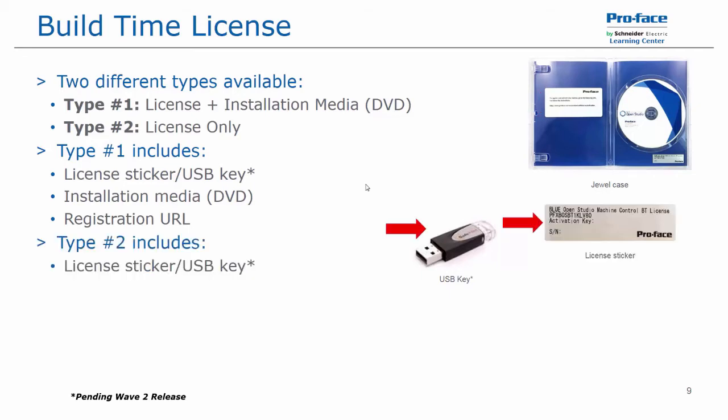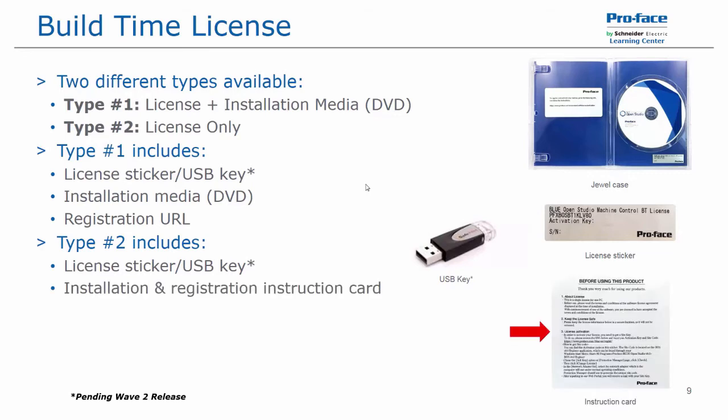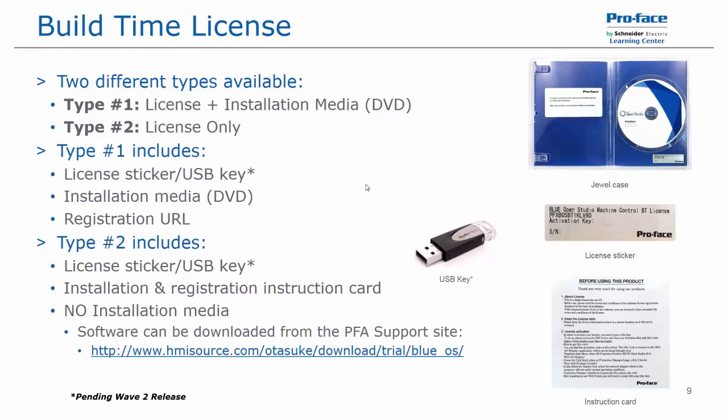And type 2 includes the license sticker and USB key when available, an installation and registration instruction card, but no installation media. But once again, the software can be downloaded from our support site. And there is an additional charge for both the installation media and USB key. I believe they are both around $50 list price. Other than that, there is no difference between the two license types.